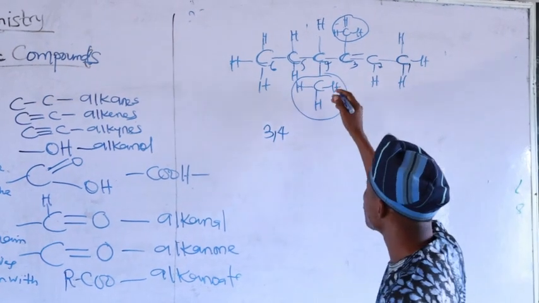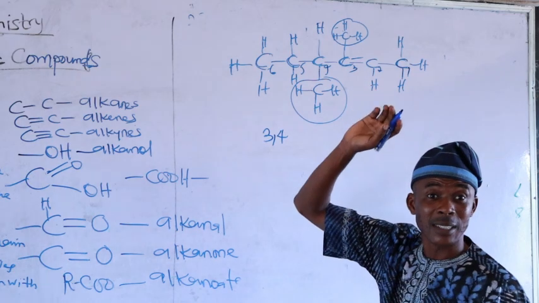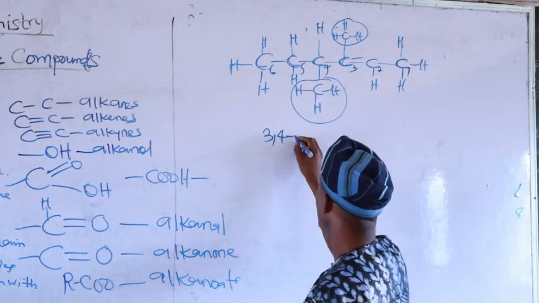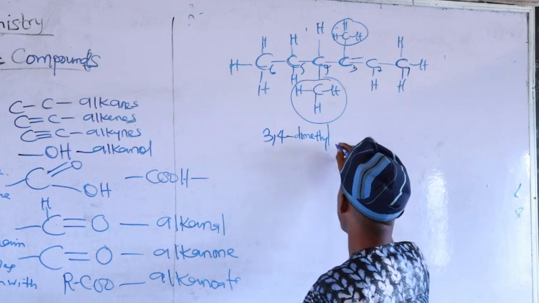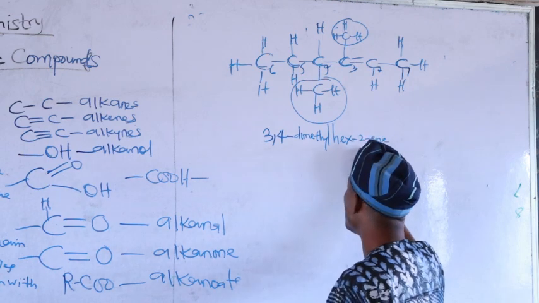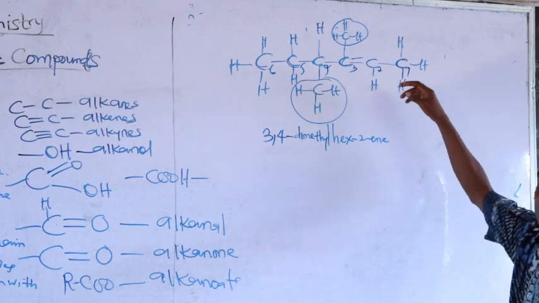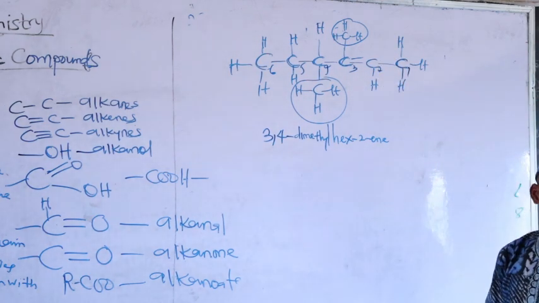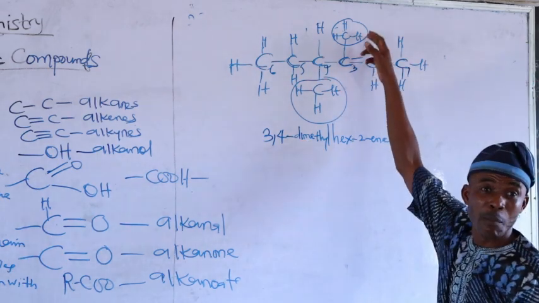Because we have two substituents that are the same, we use the prefix di. So that is dimethyl. Then we have 2-ene. 2-ene means the functional group, which is alkene, is attached to carbon number 2. And carbon number 3 and 4 are the methyl groups.